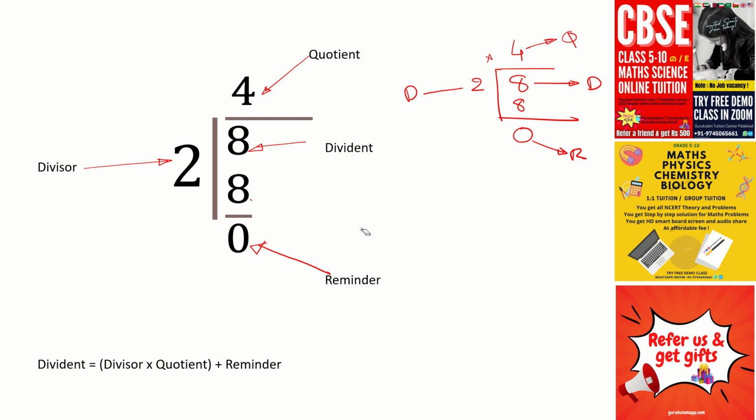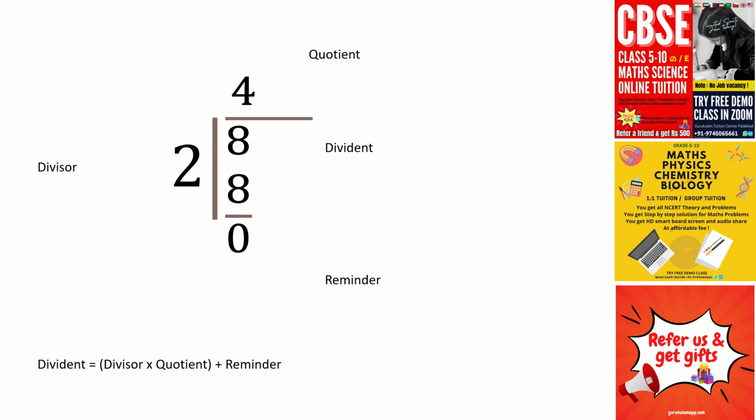For example, in this example 1, the dividend is 8, the divisor is 2, the quotient is 4, put them in brackets, plus the remainder, which is 0. So 2 into 4 is 8, and 8 plus 0 is 8. So we got the dividend 8 only. You have to learn this relation also.